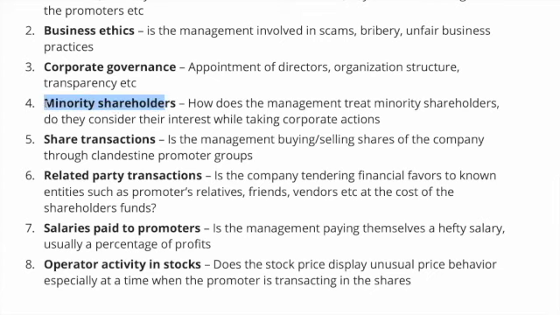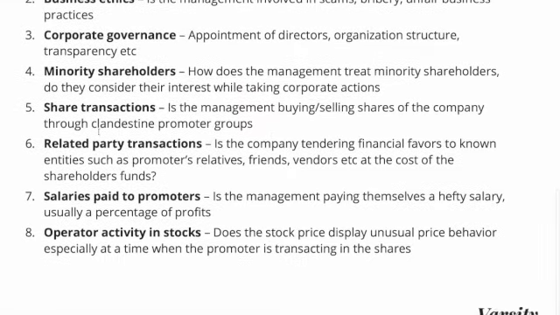Minority shareholders. How does the management treat minority shareholders? So you're not big money, you're small money. Do they consider your interest while taking corporate actions? Share transactions: is the management buying, selling shares of the company through clandestine promoter groups?